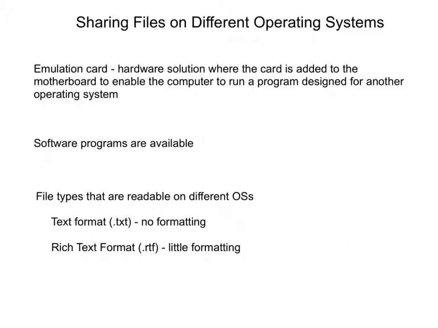And then there are some files that have no problem going back and forth between multiple different operating systems. Okay? The 2 file types mentioned in the book are the basic text format, which is a .txt file. There's absolutely no formatting in that. It's literally just plain text. But it's kind of nice because you can open it on anything.